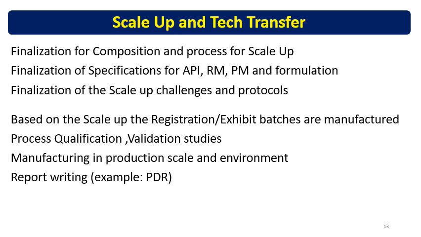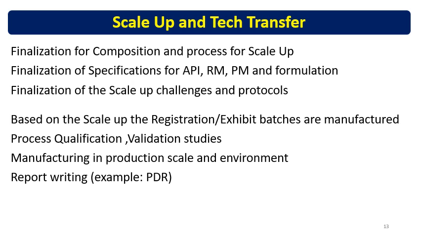For this activity, finalization of composition and process is required. Then finalization of the specifications for API, raw material, packaging materials are required. Finalization of the specifications for initial release, in process materials and the stability of the formulation is required.